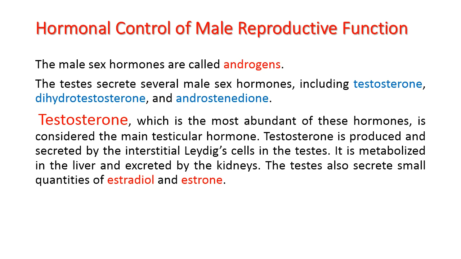It is produced and secreted by the interstitial Leydig cells, which are present in the testes. Testosterone is metabolized in the liver and excreted by the kidney. The testes also secrete small quantities of other hormones, which are estradiol and estrogen.